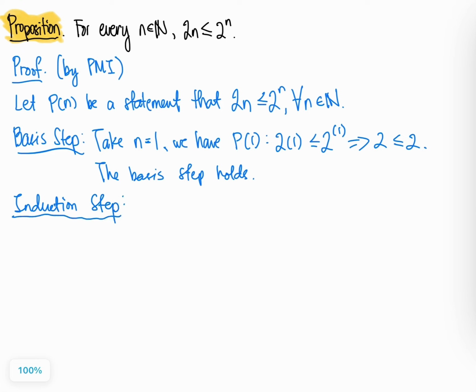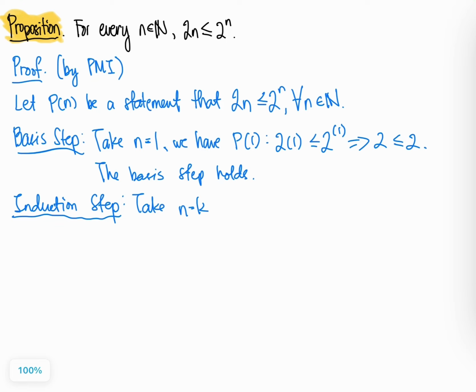And here, remember that we're going to take an arbitrary integer k and assume that it's true. That's our inductive hypothesis. If P of k is true, it follows that P of k plus 1 is also true. So we're going to take an arbitrary n equal to k, an arbitrary choice of n in the natural numbers.